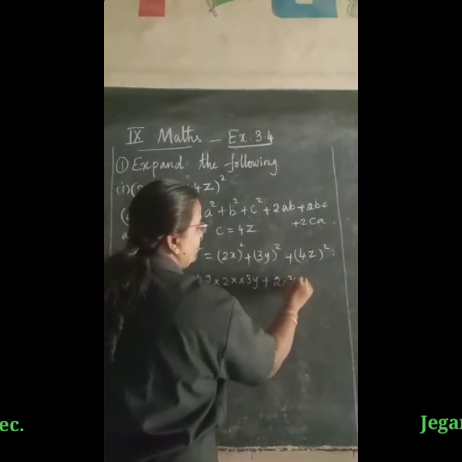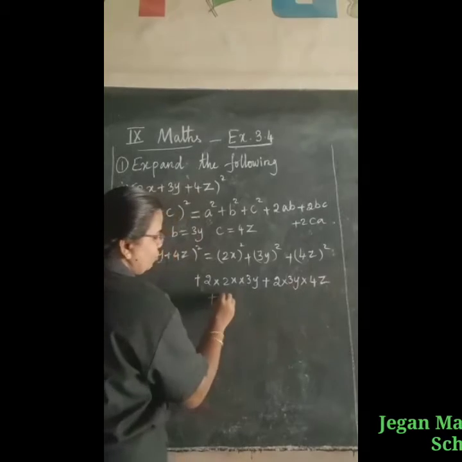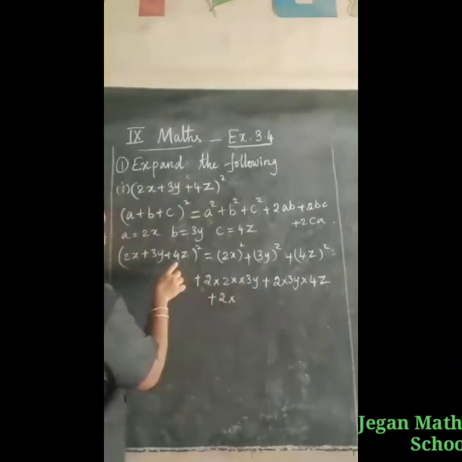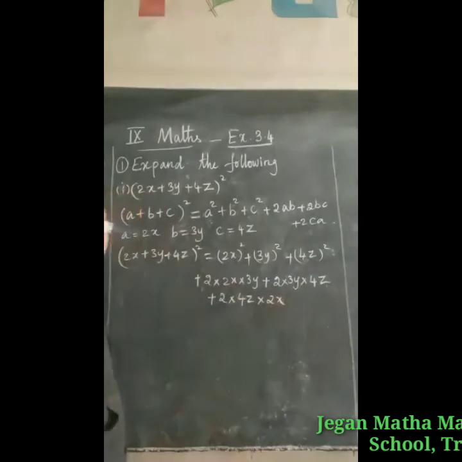Into 3y into c is 4z, plus 2 into ca, 4z into 2x.